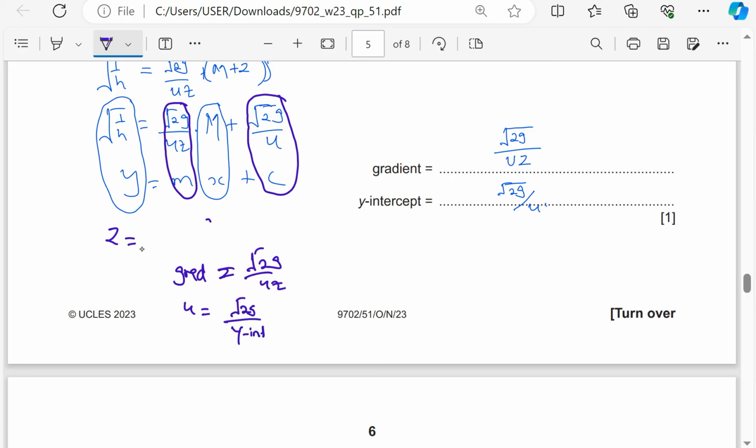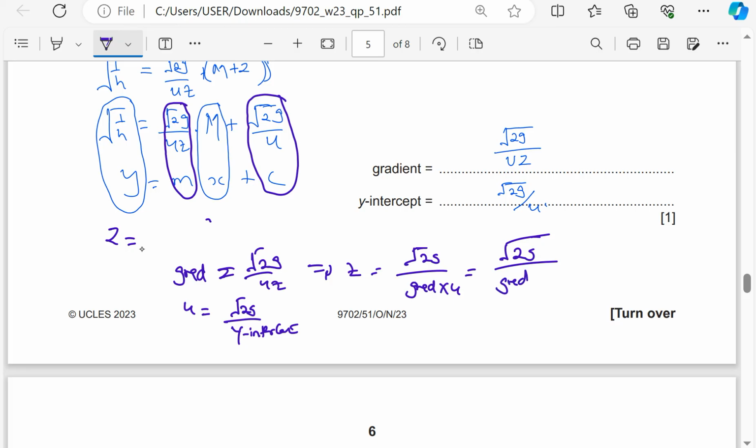If I combine these two, when I make z the subject, z is going to be equal to root of 2g over the gradient times u, which is the same as the root of 2g divided by the gradient.